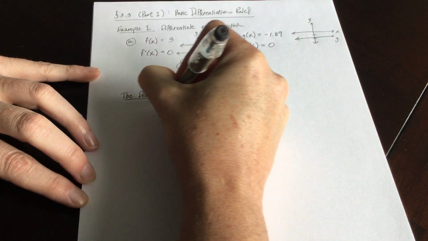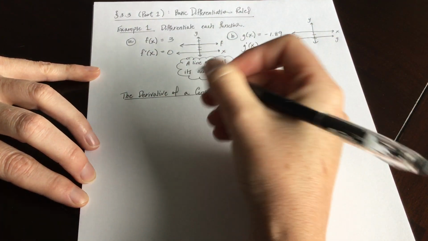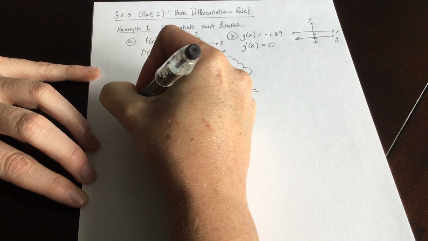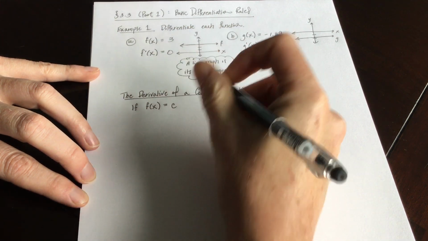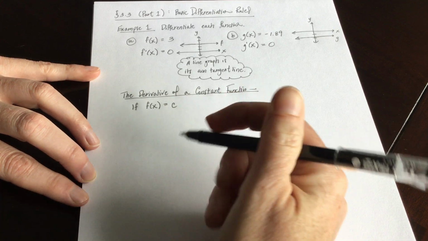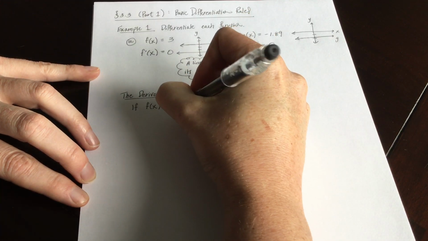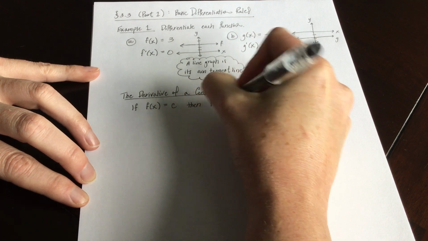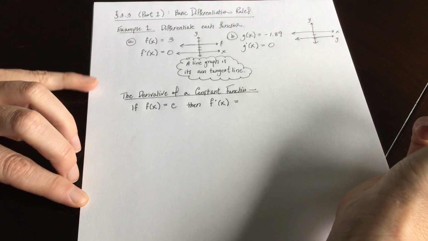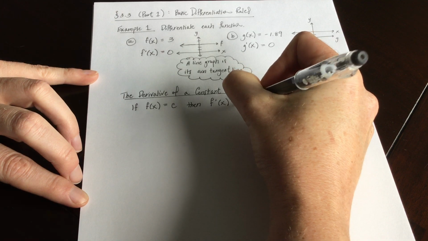In function notation, we would say if f of x is equal to c, and by c I mean any given constant, then what would the slope of the tangent line at any x value be? I hope everybody is okay with the answer being 0.